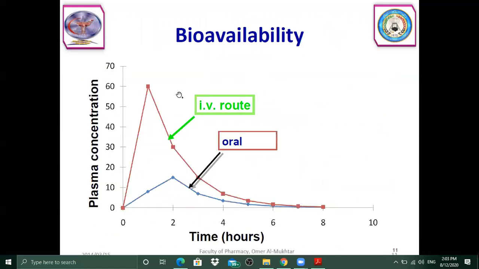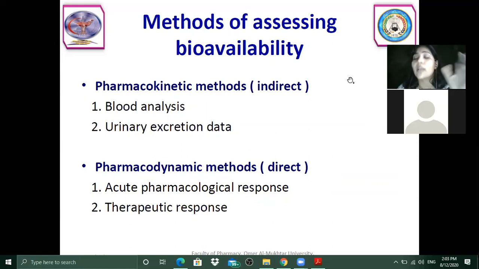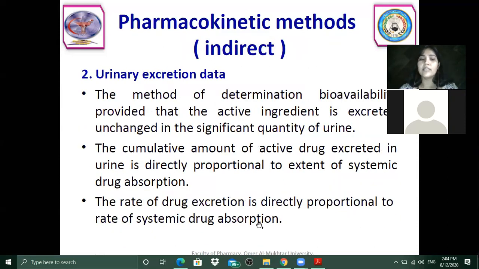And then the methods of assessing the bioavailability, in which we saw the first two methods, which are the pharmacokinetic method, blood analysis, and urinary extraction data analysis. There are many calculations and many formulas involved with these two methods, but we don't want to learn that in detail. I want you to have an idea of what all the different methods of assessing bioavailability are. Okay, so you must know that. The pharmacodynamic method of assessing the drugs we will see in the next lecture.